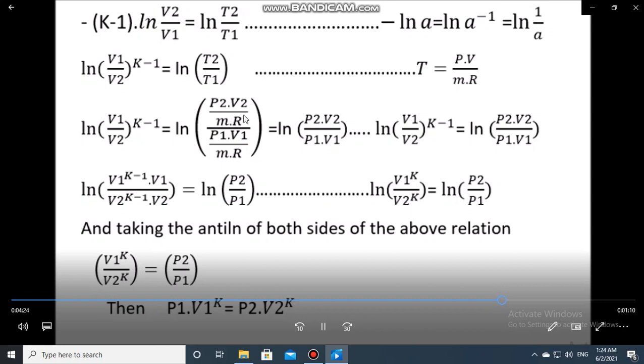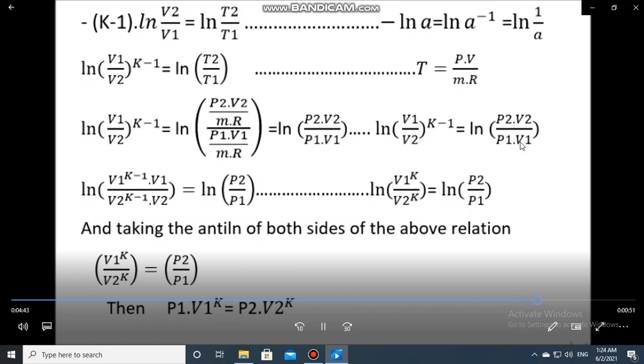Cancelling the mRs, we are left with ln P2 V2 over P1 V1. Thus, rewriting our equation, ln (V1 over V2) to the power k minus 1 equals ln P2 V2 over P1 V1.